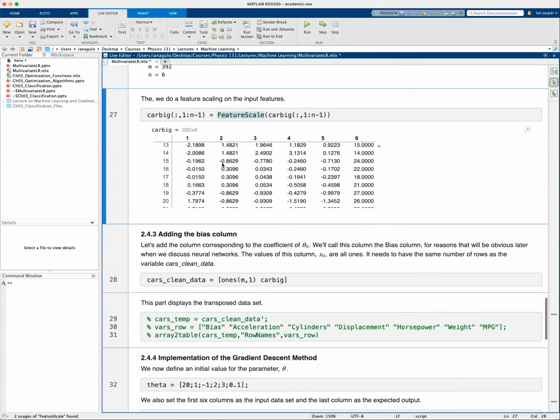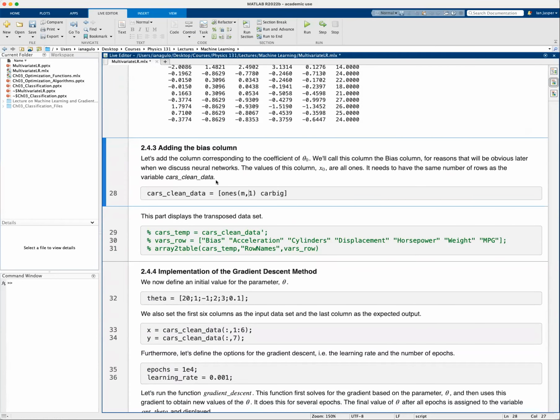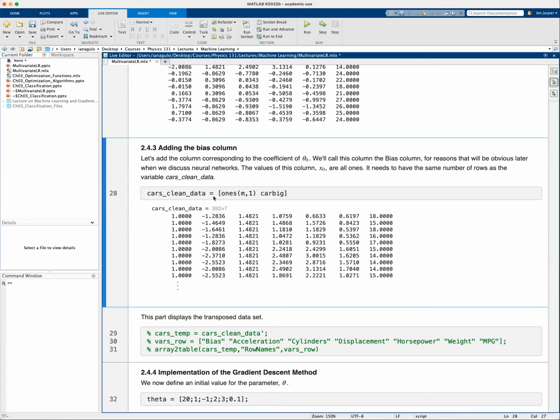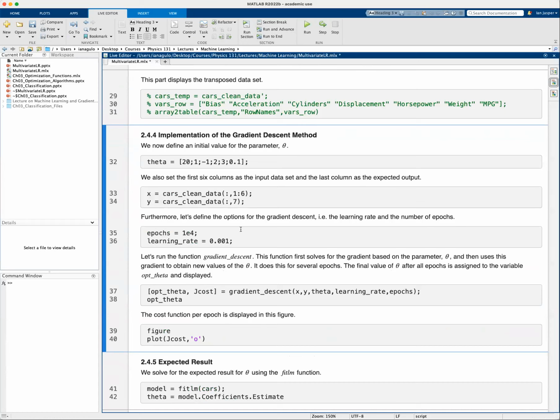Ngayon feature scale natin sila, ito yung mga lumabas. Okay lang to kahit na hindi siya talaga eksaktong -1 to 1. Ito na yung bias column, ito yung theta knot. Meron ng bias column, so naging 392 by 7 na siya. Tapos, ngayon implement na natin yung gradient descent.